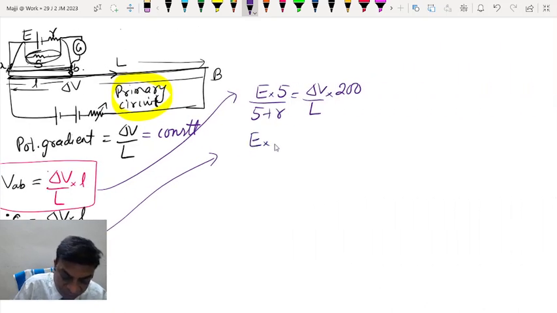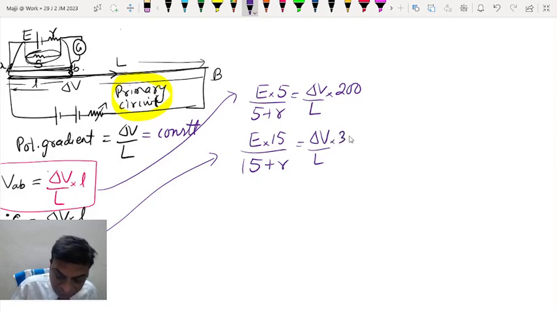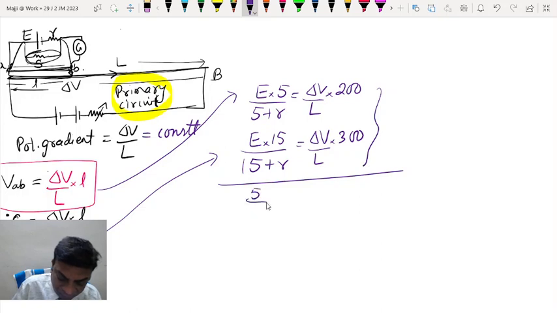So for the second situation, I can write the equation as this: potential gradient multiplied by 300. So when we divide these two, we'll have 5 upon 5 plus R into 15 plus R upon 15 is equal to 2 by 3.